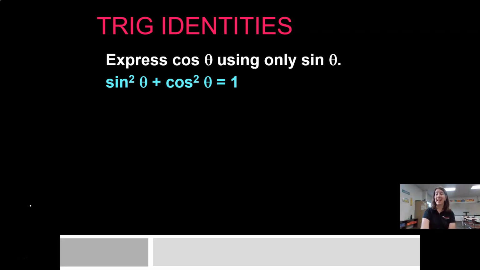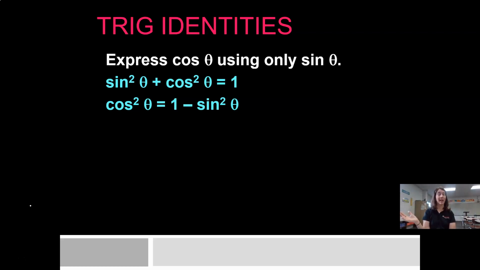The steps that I'm going to take to solve are almost identical to the steps that we just took on that numerical equation where we try to solve for cosine in our question. If I want to get cosine by itself, the first thing I need to do is to get rid of the sine squared. How do I get rid of sine squared? I would subtract it to the right-hand side. 1 and sine squared aren't like terms, so I can't put them together. So the right side says 1 minus sine squared theta.